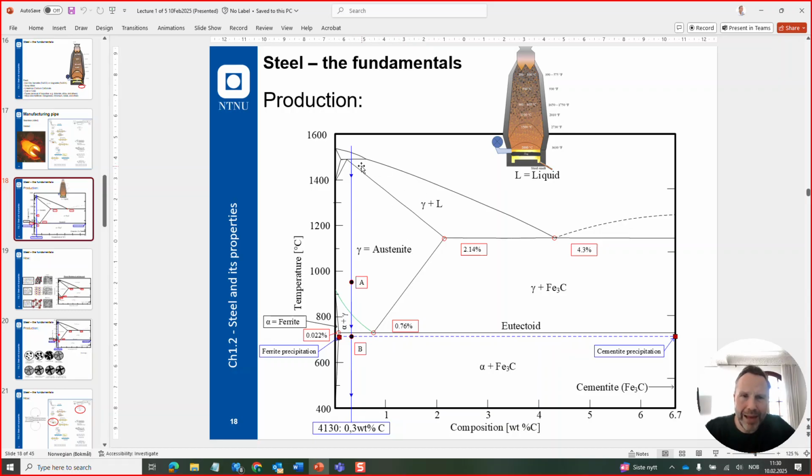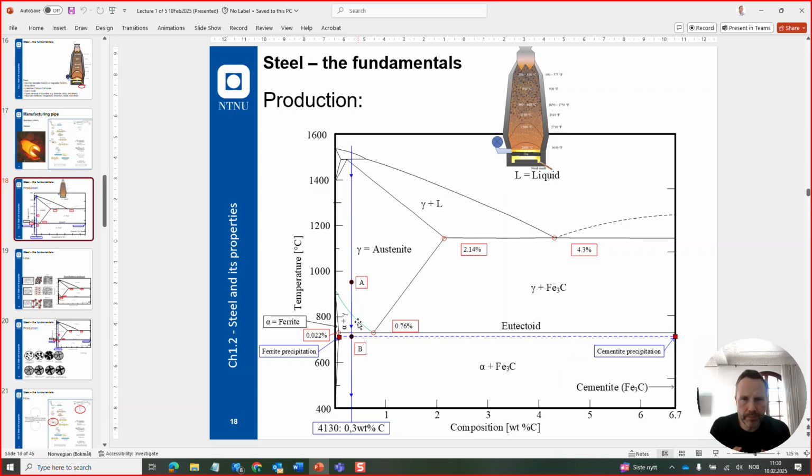Going below into 1400 degrees Celsius, you will have pure austenite. If we go down to 800 degrees, we will have something called ferrite and austenite. This would be the two solids that the steel would form.